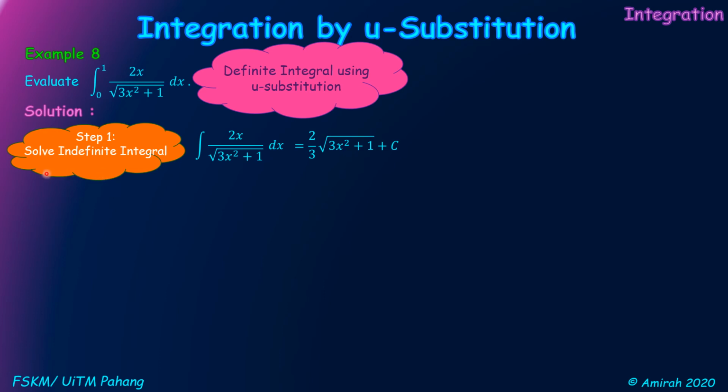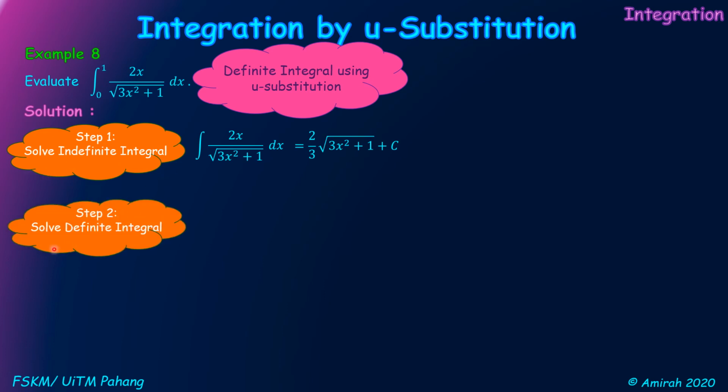So after we are done with step 1, after we solve the indefinite integral, we can continue with step 2. We solve the definite integral. To evaluate the integration from 0 to 1 of 2x over square root of 3x squared plus 1 dx, we have 2 over 3. 2 over 3 is a constant, so we can move it out.